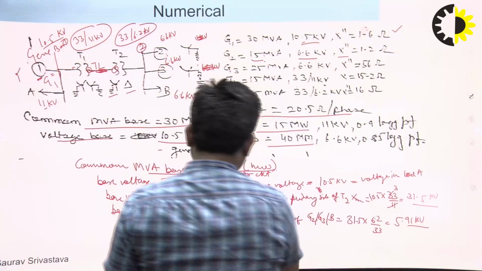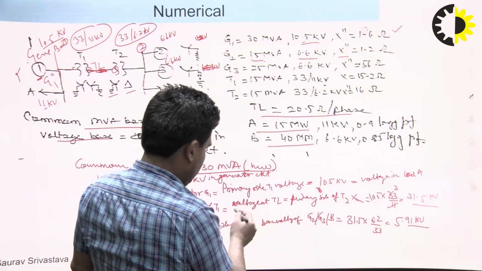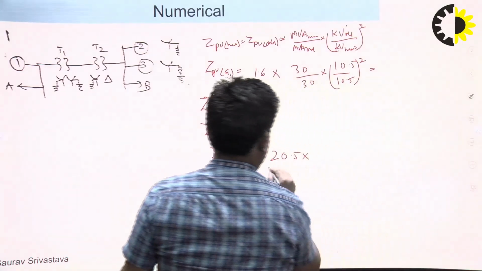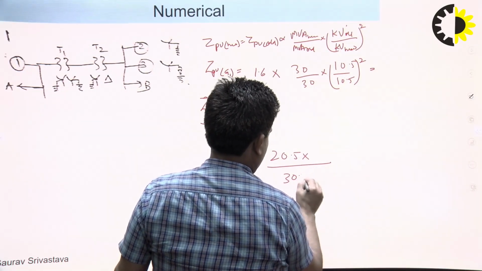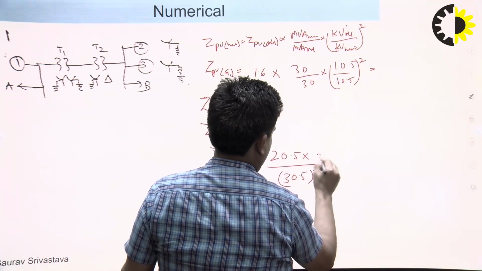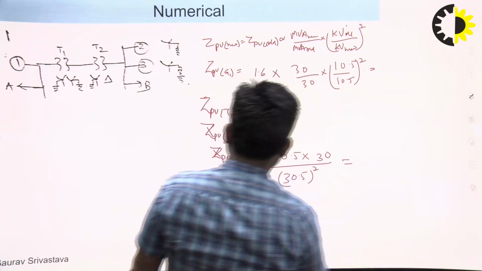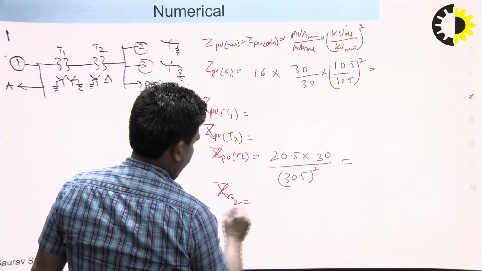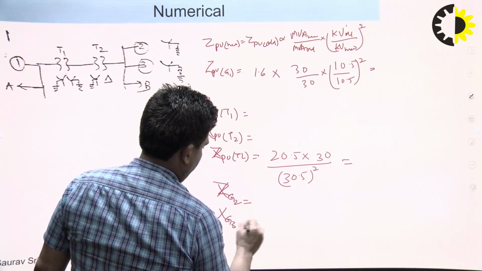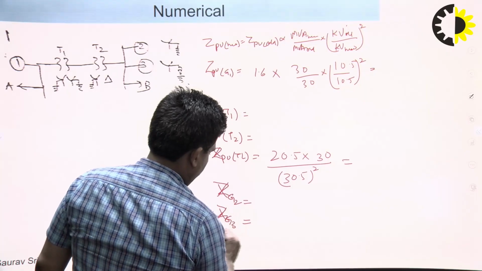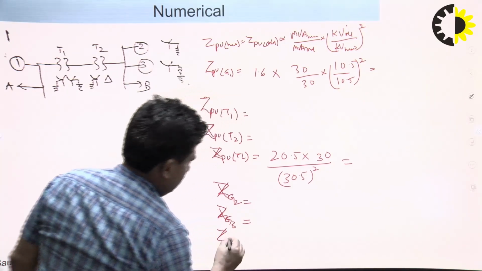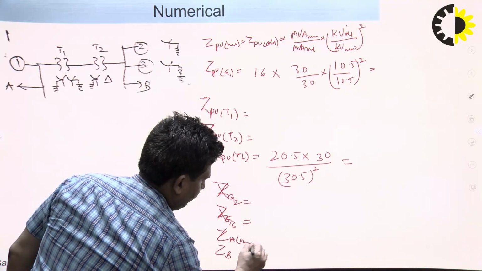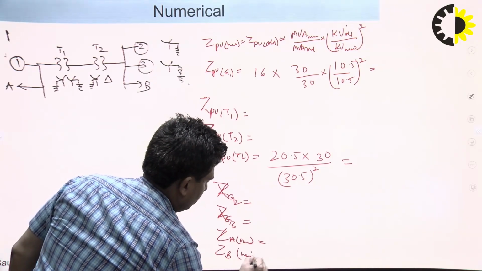The voltage we found for the transmission line is 13.5. Then we calculate generator 2 and generator 3, and similarly load A and load B. For all of them we have to calculate the new value.